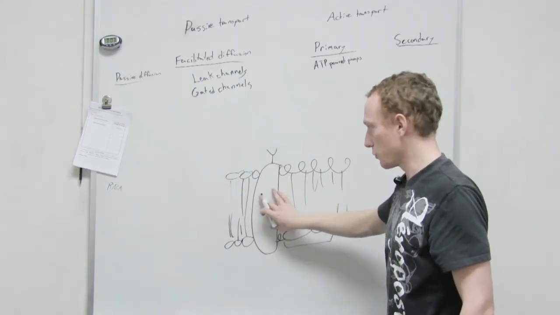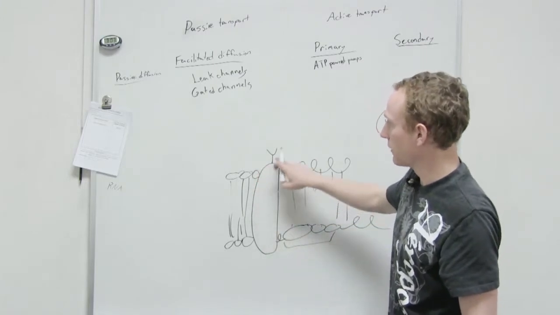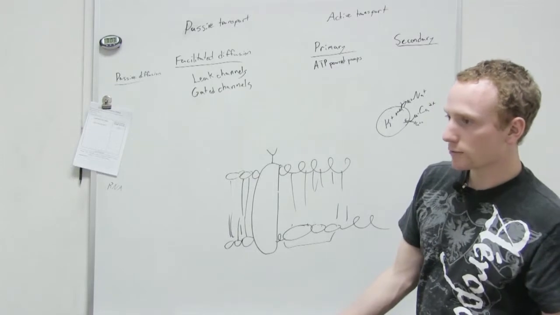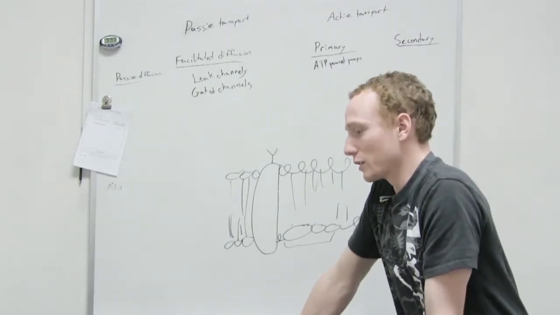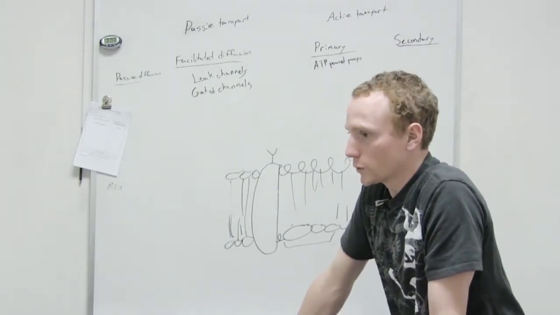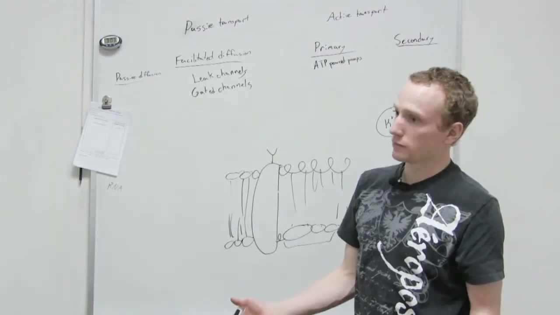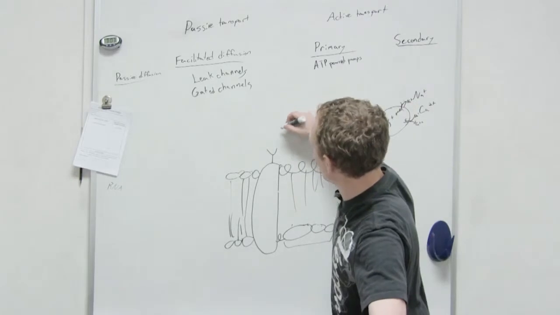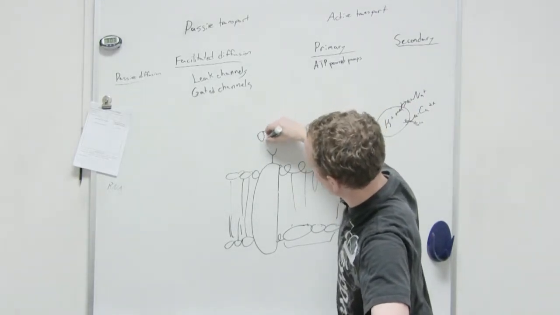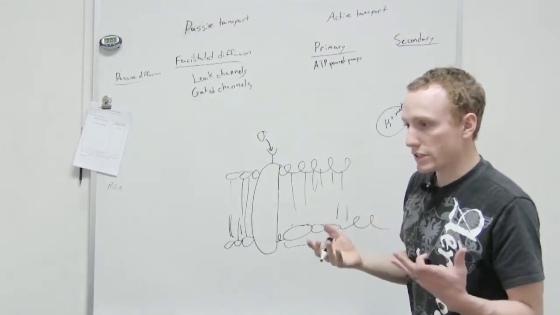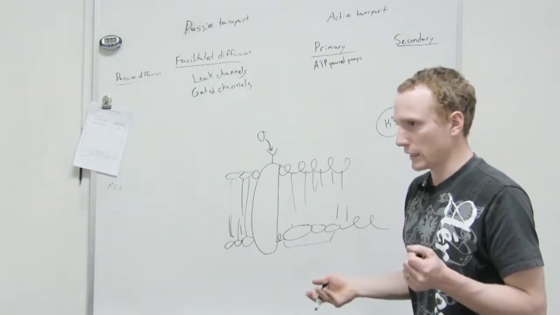So this protein stays here, is bound to the membrane, and has a receptor up here. When a ligand, which is basically just a particle, a specific particle like acetylcholine, comes and binds here, it wants to send a signal or cause something to happen.